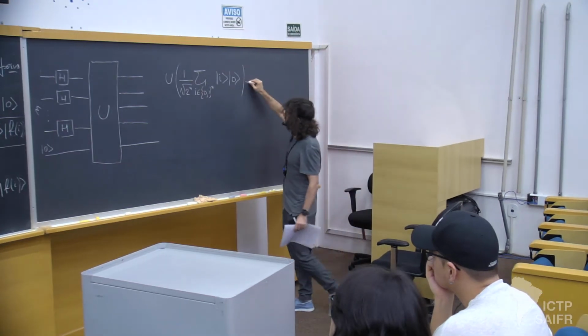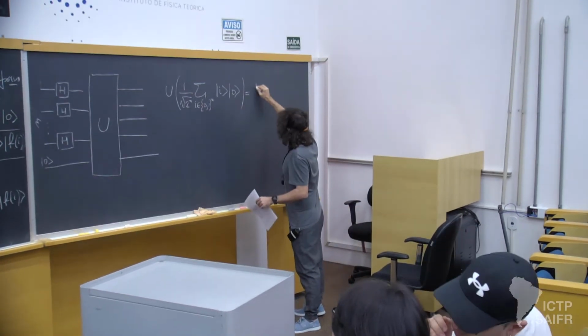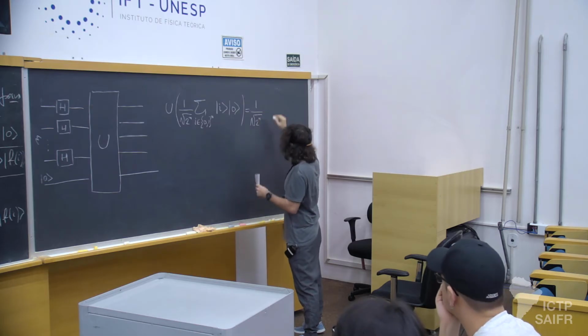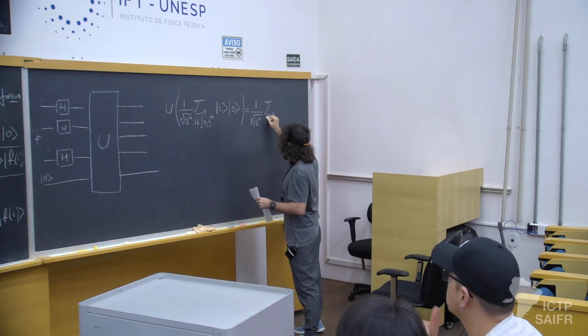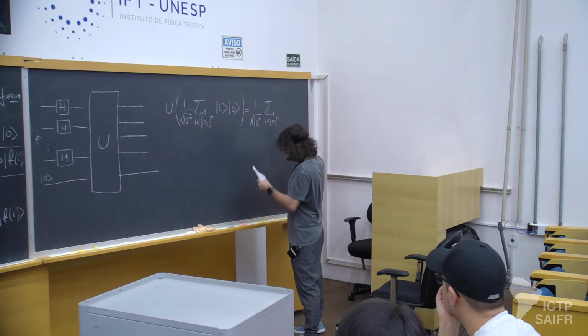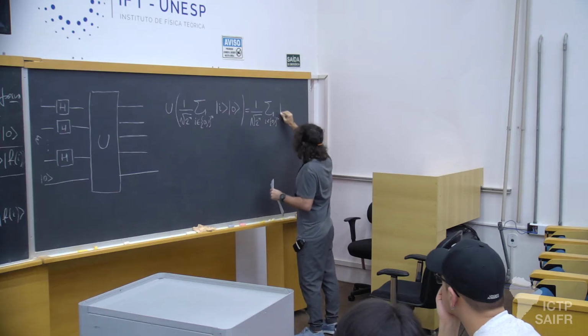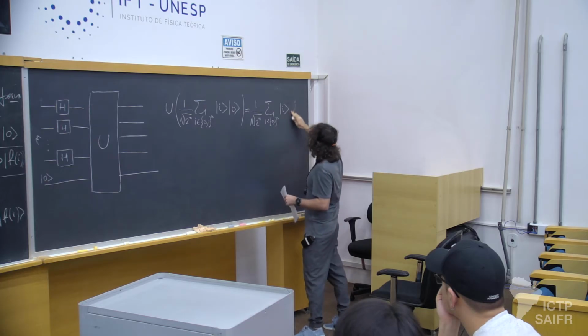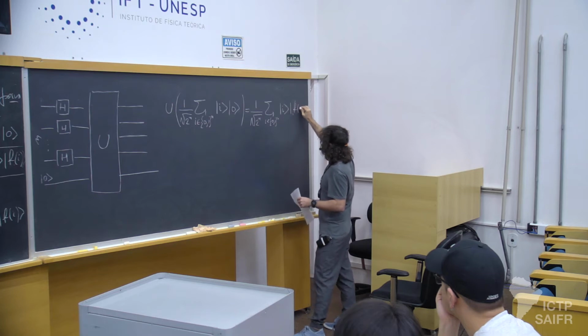Now we act, and so we get 1 over square root of 2^n, summation over I belonging to {0,1}^n, of |I⟩|f(I)⟩.